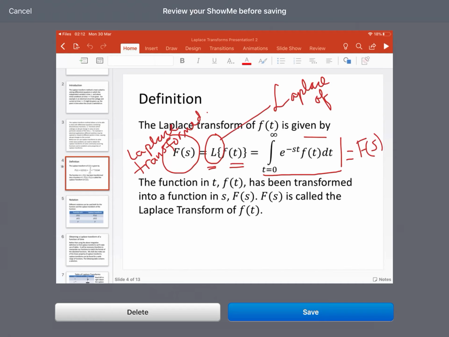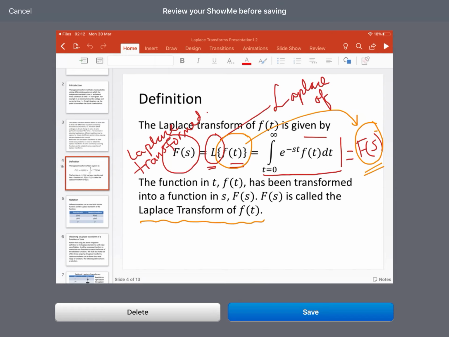So you start with a function of time, or f of x, and you transform this into a function of s. You start with f(t) and you finish with F(s). So F(s) is the transform of f(t).